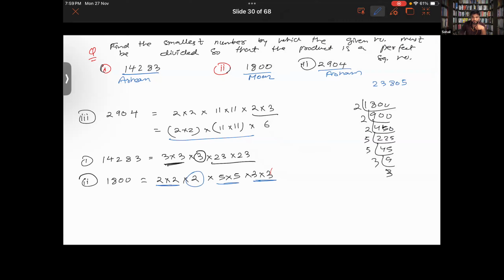This 2, right? So whatever the number is given, look at the question. Find the smallest number by which the given number must be divided. So this is the smallest number by which I have to divide it. So 1800 upon 2 is 900, and the root of 900 will be 30. Yes, right? So that is the resultant value over here.